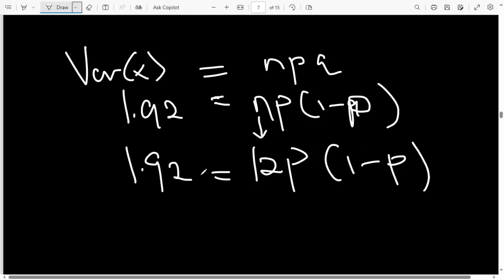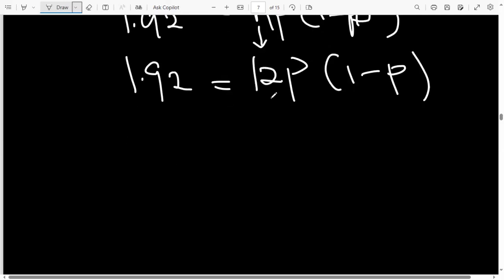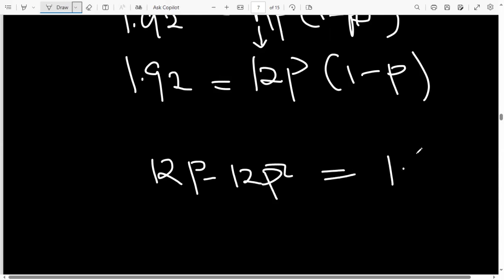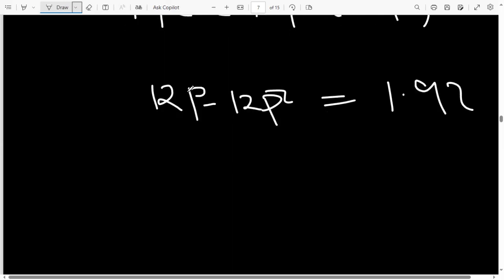So we're going to come up with a quadratic equation. I'm going to say p multiplied by 1, I'm going to have 12p. And then 12p multiplied by minus p, I'm going to have minus 12p squared is equal to 1.92. So let's take all these to the other side so that this one here has a positive coefficient.